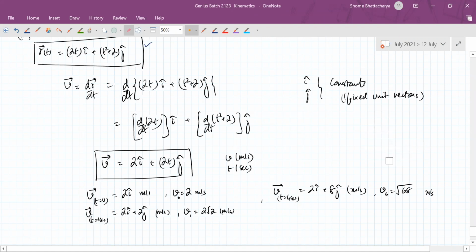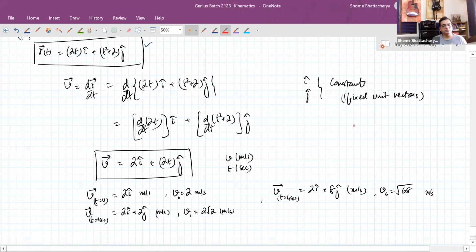So basically see what is happening here. It's a two-dimensional motion. You can see in the diagram that we had drawn earlier that the particle is moving along this kind of path. So we know that the velocity at any instant is going to have two components. So that way also we can understand. Now what will be the x component of velocity? It is the rate of change of the x coordinate.